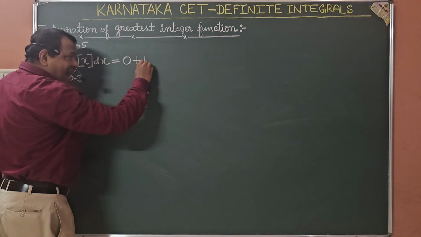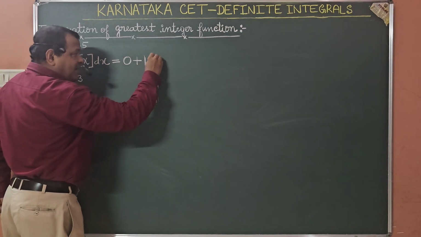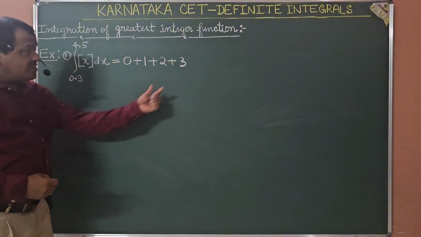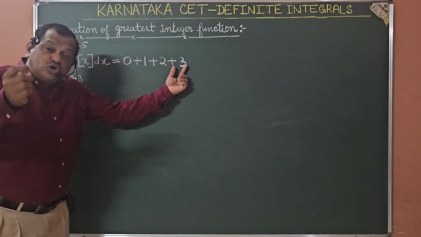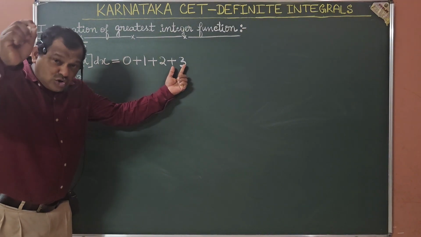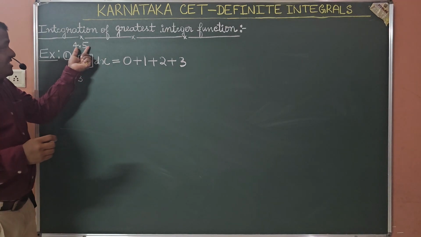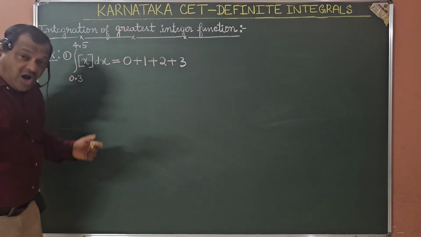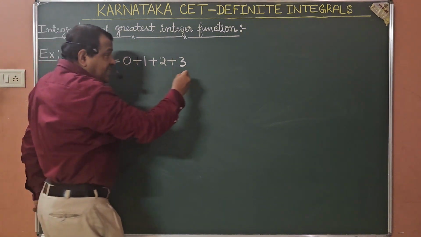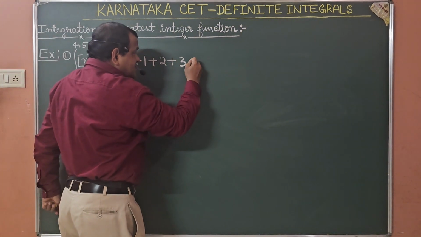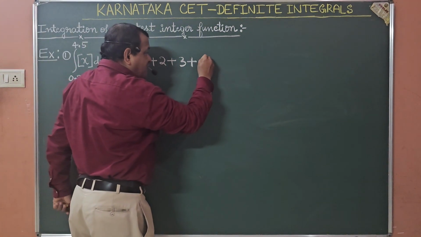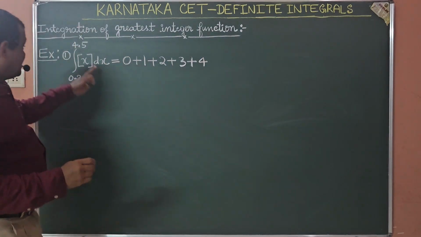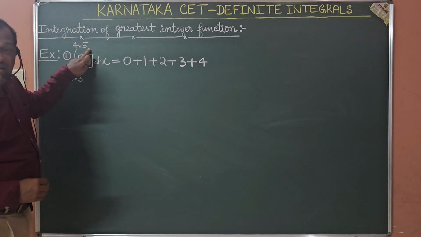Then keep on adding 1 plus 2 plus 3. Then don't think that we have to stop at 3. No. Or don't think that we have to add 4.5. No, not that either. Then we have to add the integer 4, that 4 is the integral part of 4.5.